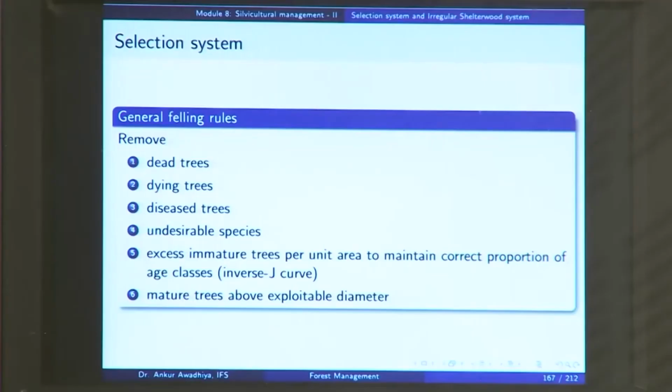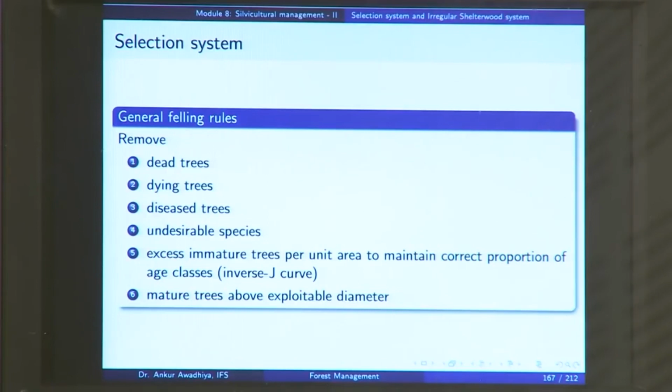Most of your trees should be in a young age or in a mature age, and at the same time you should have an adequate amount of regeneration. You should have plenty of young plants, so that if anything happens, these plants are there to cover up the growing space. So, you remove the dead, dying and diseased trees in the highest preference.